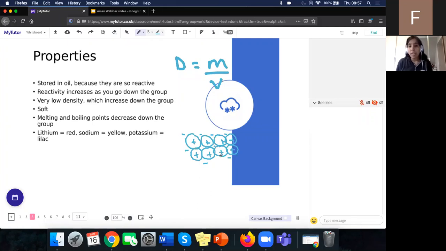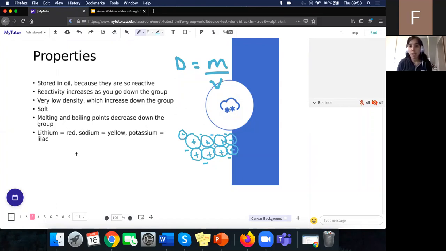So what this means is that because the ions get bigger as we go down the group, the outer electron is further from the positive nucleus, which means that the electrostatic attraction between the electrons and the positive nucleus is less. So in the alkali metals, as we go down the group and the ions get bigger, less energy is needed to overcome the metallic structure, to overcome those electrostatic attractive forces. And that's why the melting and boiling points decrease down the group.